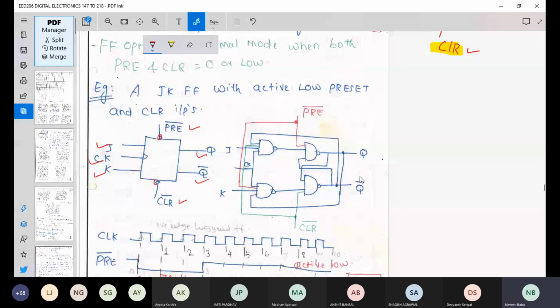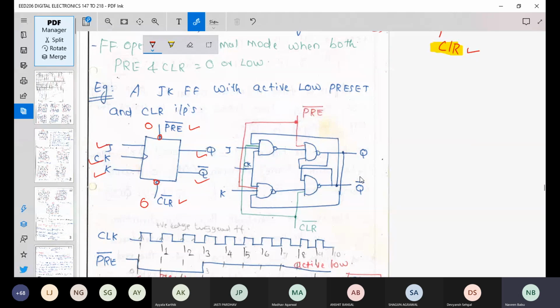Why should we give active low? Because the gates that we have inside are all NAND gates. We know that when you give 0 here, the output of your NAND gate will be 1. Look at the connection now. I'm giving preset here. What will preset do? Whenever I have an input here, it will make my Q equal to 1.